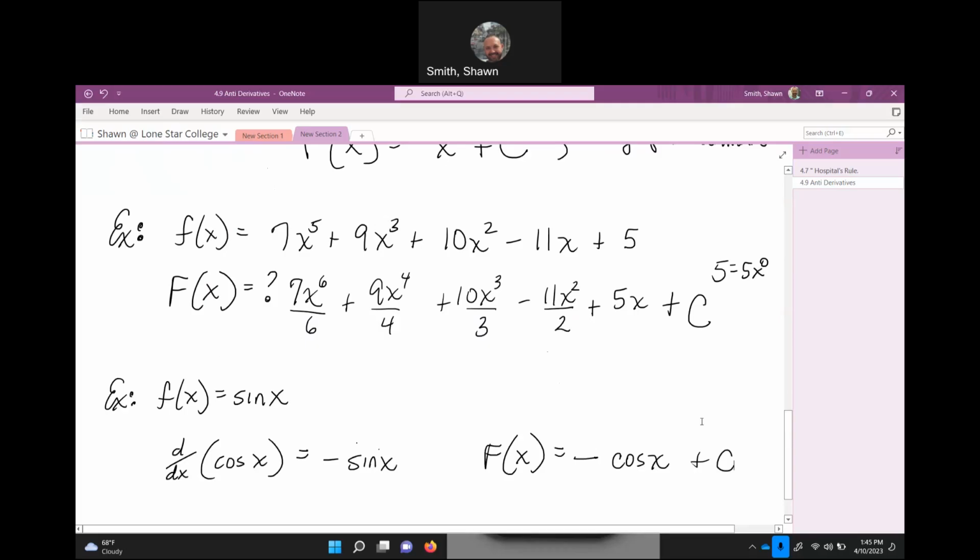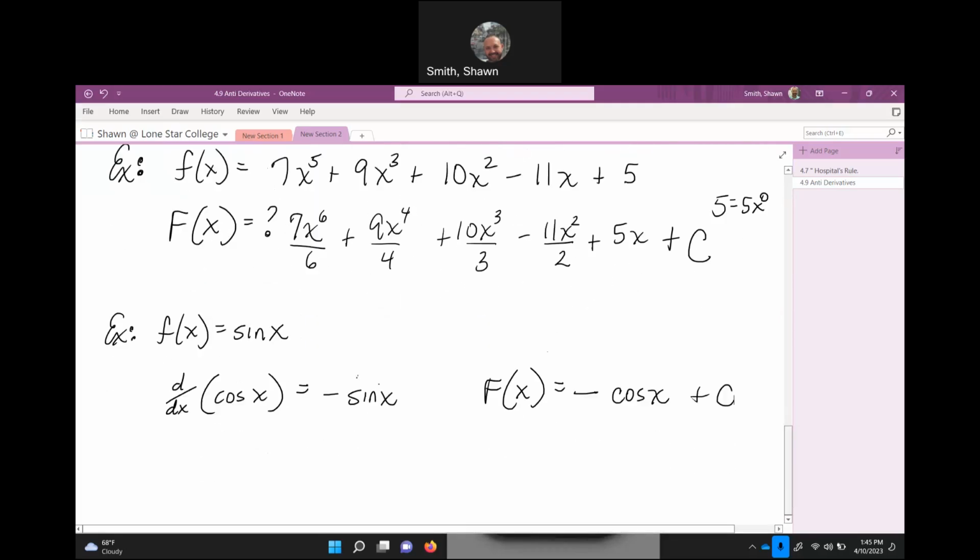And always a good idea to check it. Negative of the derivative of cosine, negative sine x, plus 0, that makes positive sine x.